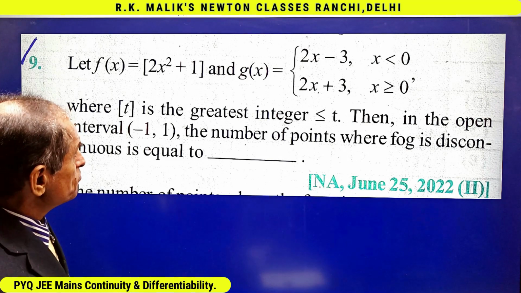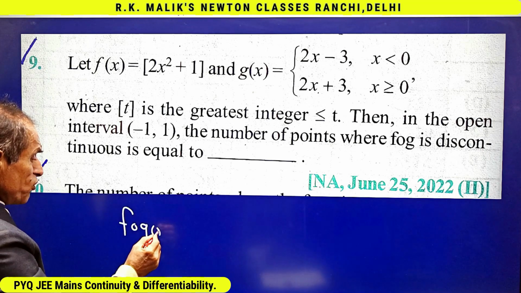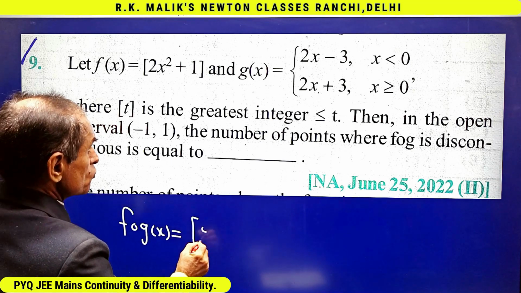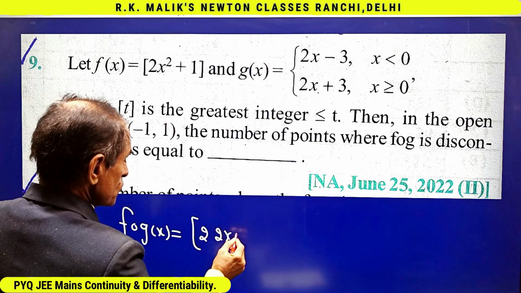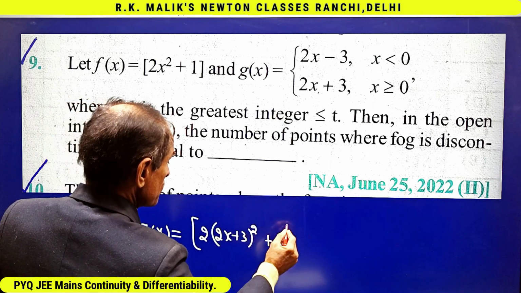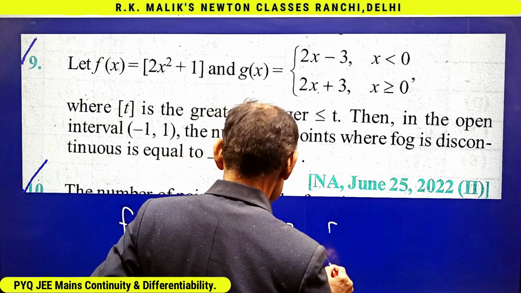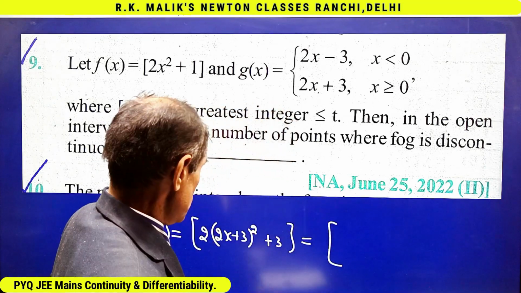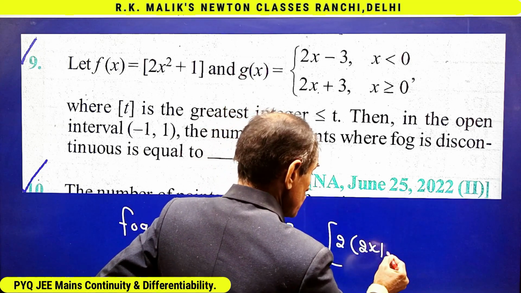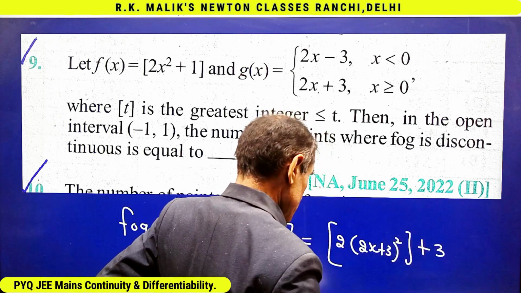For x more than 0, clearly f∘g(x) becomes [2(2x+3)²+3].